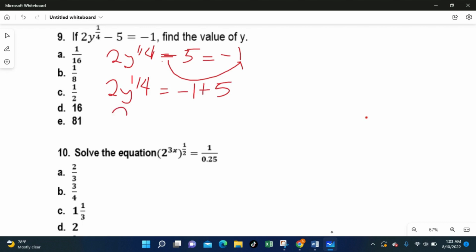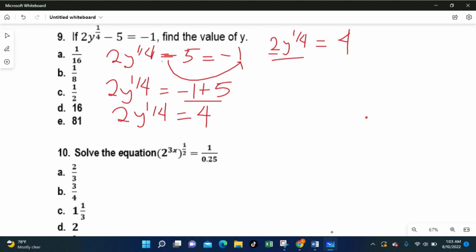So minus 1 plus 5 will give us plus 4. So we have 2y raised to power 1 over 4 equal to 4. Our next task is to clear that 2.